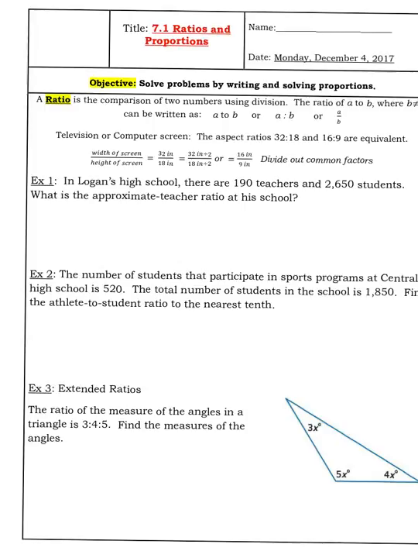Okay, so in Logan's High School, there's 190 teachers and 2,650 students. What's the approximate teacher ratio at his school? So that's the teacher-student ratio. How many students are there to how many teachers? The way they're asking this, you're just going to put the students over the teachers.